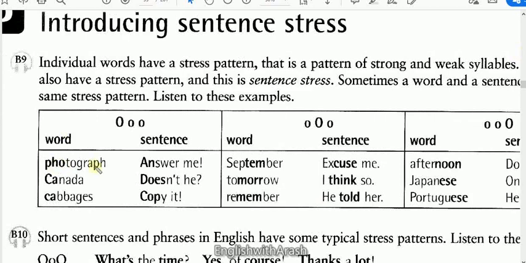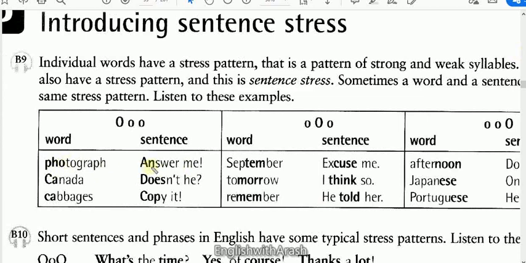This is just one word. How do you pronounce it? Stress on the first part, the part that is written in bold. Photograph. Now look at this sentence. This is not a word, it's a sentence. It's the same pattern. But why do I say so?